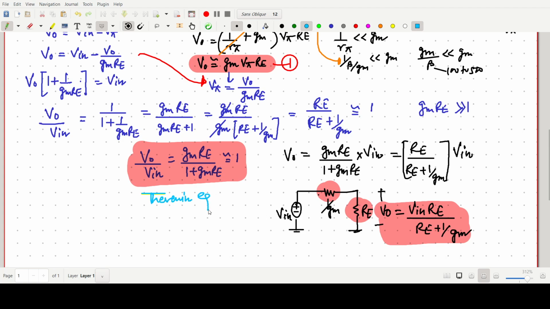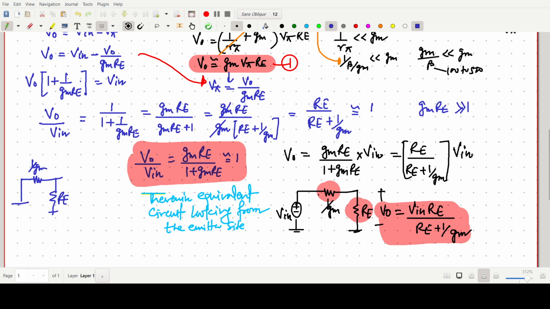Thevenin equivalent circuit looking from the emitter side. So the gain calculation is simple. Now, from this circuit I am drawing here, this one is 1 by gm and this one is RE.